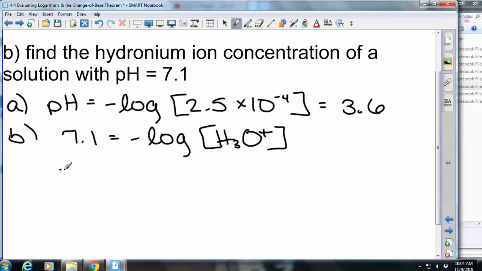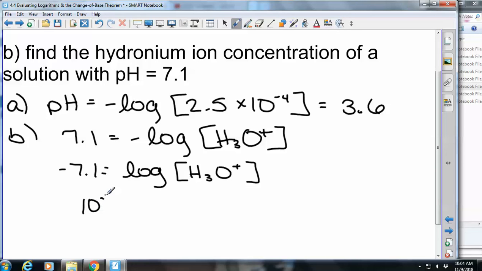Divide by negative 1. Okay, now all we have to do is change this to exponential form. There's no base written, so my base is 10. 10 to the negative 7.1 would equal my H3O plus.